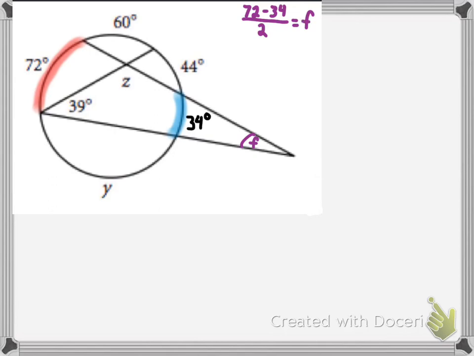Half the difference. So 72 minus 34 divided by 2 is my angle F. That's 38 divided by 2, which is 19 degrees. So that's a floating angle outside the circle, half the difference between these two arcs.